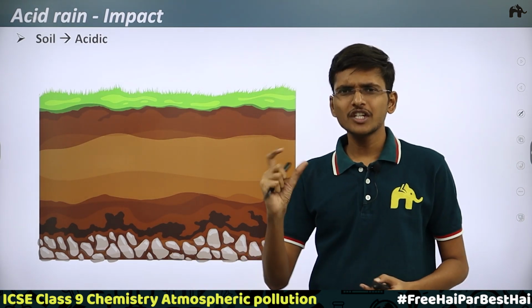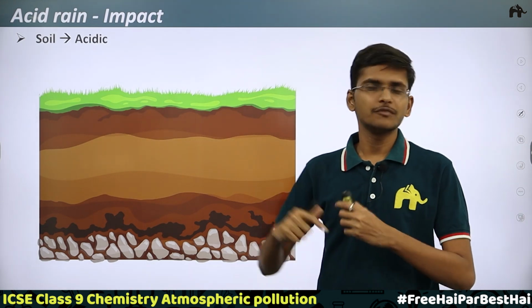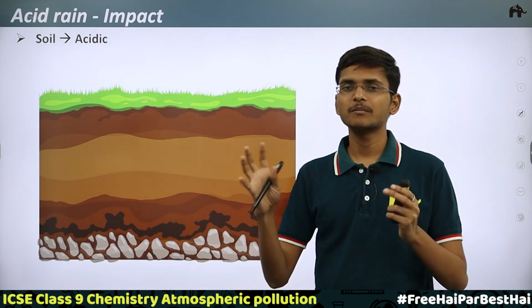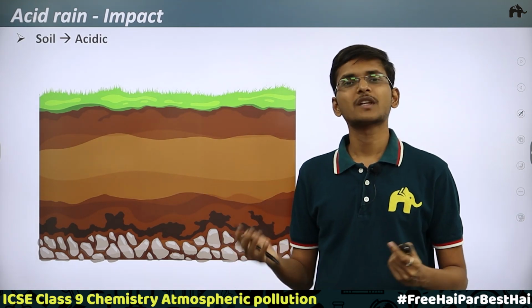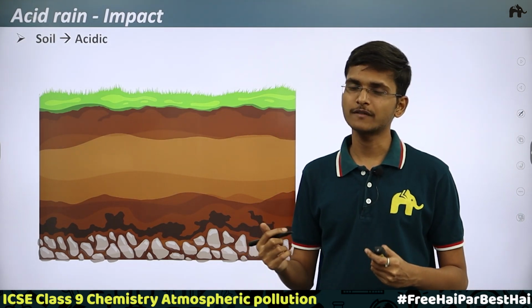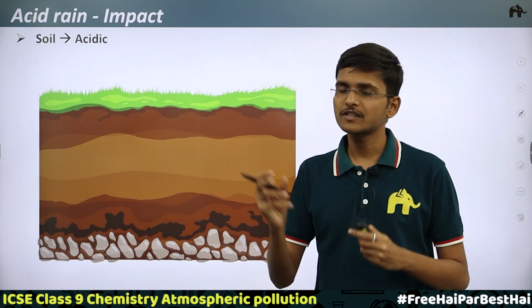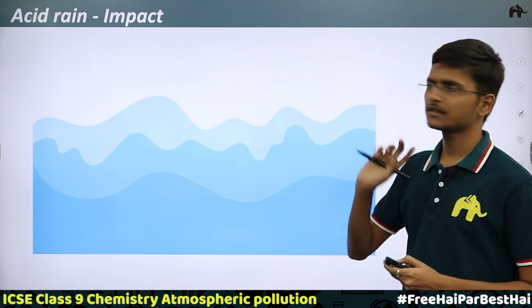So it is changing the nature of the soil. We all know crops need a particular type of soil to grow very nicely. But if the nature of the soil is being changed, there would definitely be some challenges for growing the crops in such acidic soils. Clear? So this is the first thing.